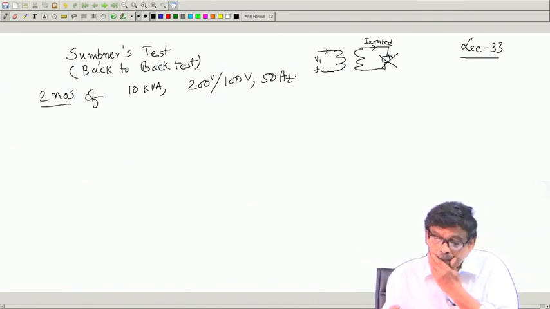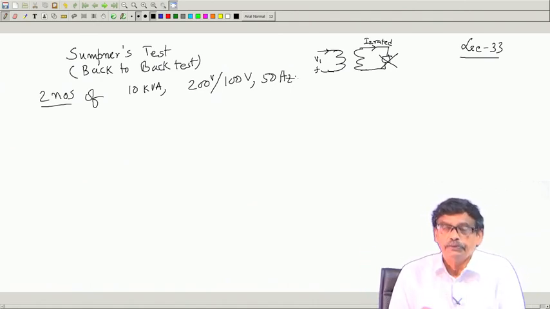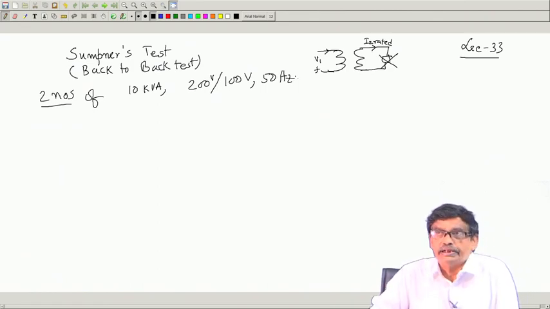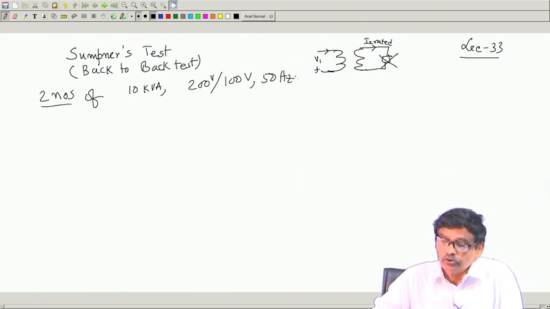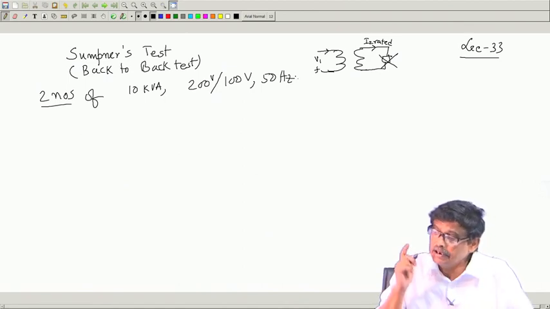Then the first thing you have to do is carry out the polarity test. I will also take the opportunity to explain how to ascertain polarity, because that is essential to carry out the test. Unless you know the polarity, it will not be possible to carry out the test. It cannot be left to chance. Now, what do I mean by polarity?